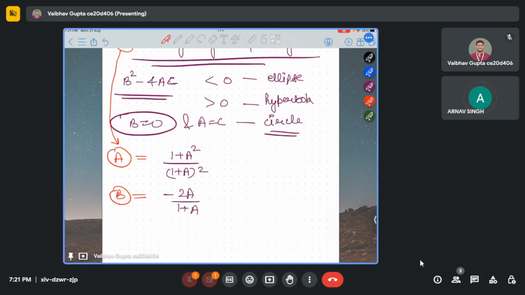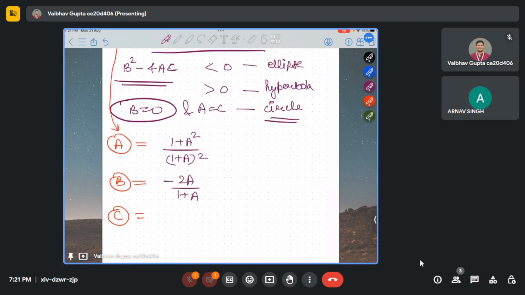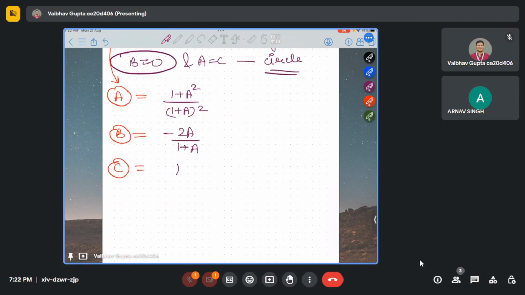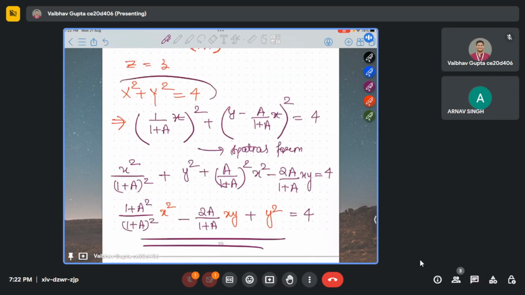And what is C? 1. So from here, B is not equal to 0. So you have a circle in your reference form, and with the change of deformation field, it doesn't remain a circle. It changes its shape.